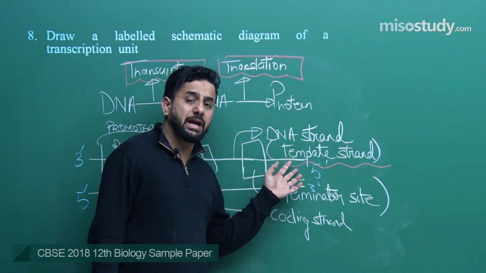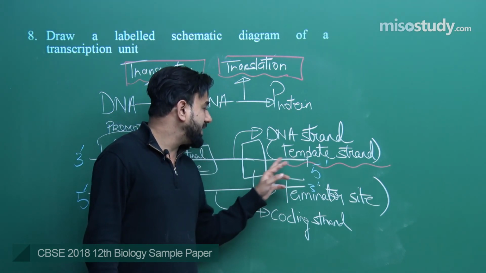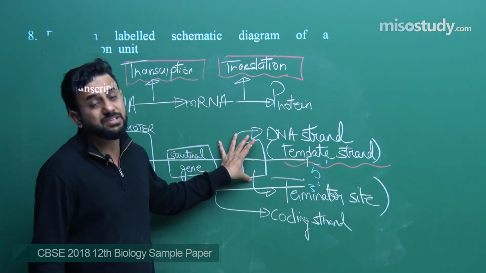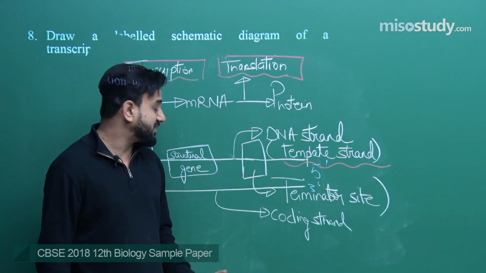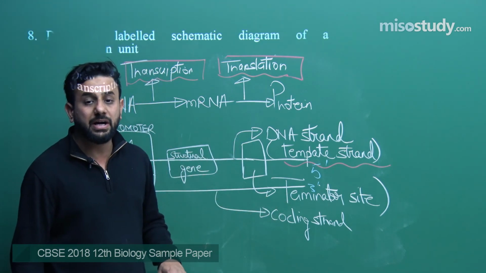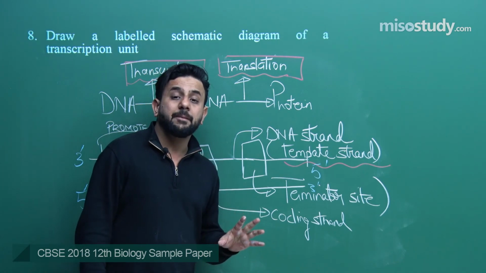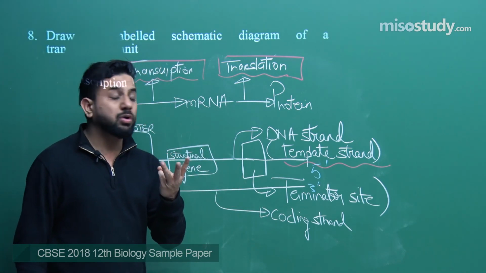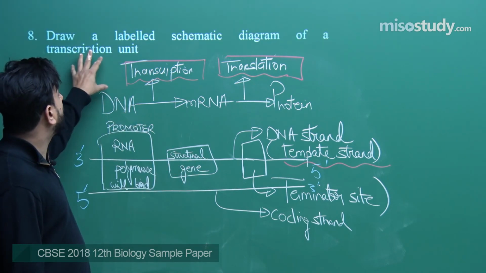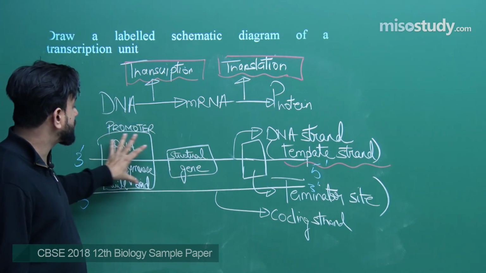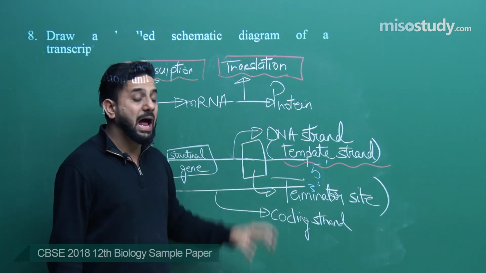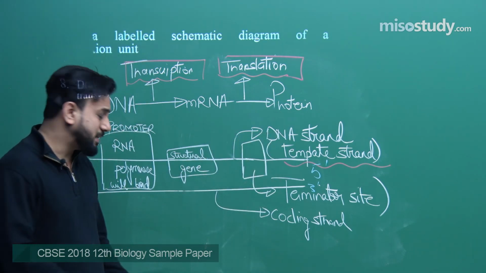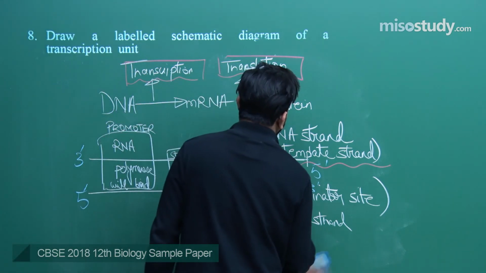Because it will reach the end, and wherever is the end, there will be another site called the terminator site. It is at the terminator site that the RNA synthesis will stop. So there are three regions for the transcription unit: the promoter region, the structural gene region, and the terminator region. Very simple and very good.